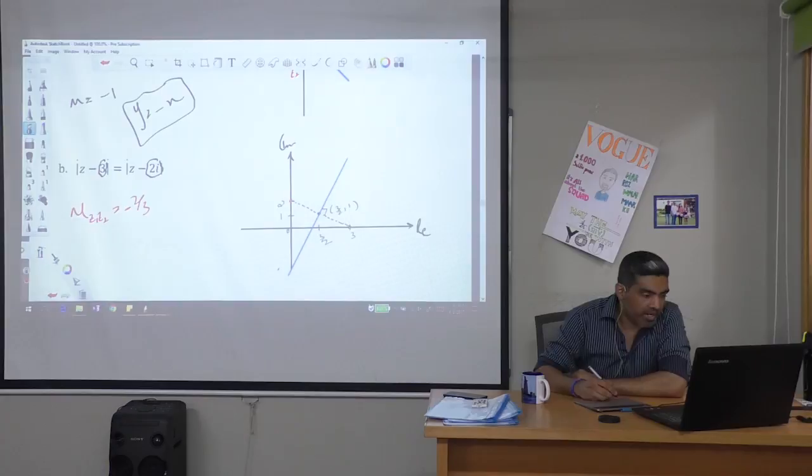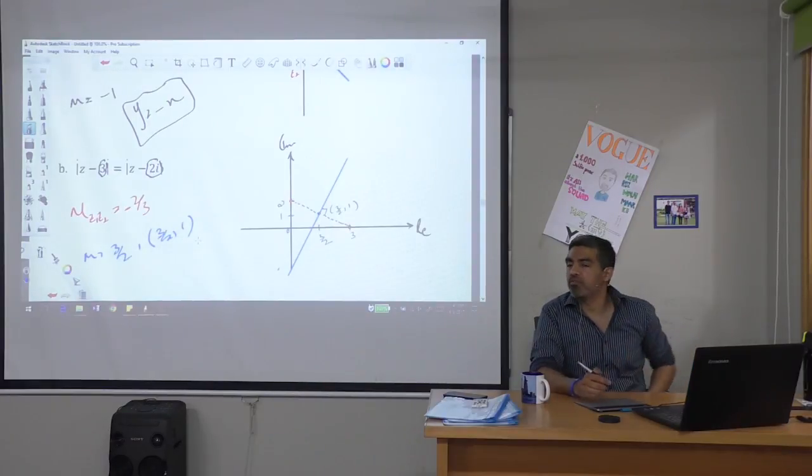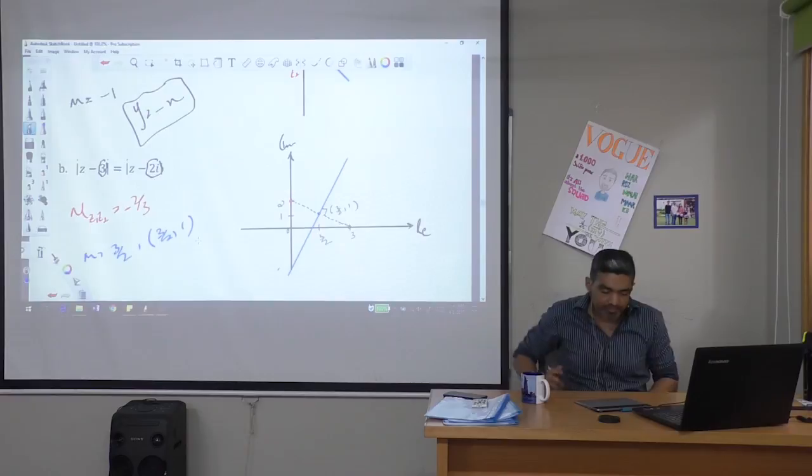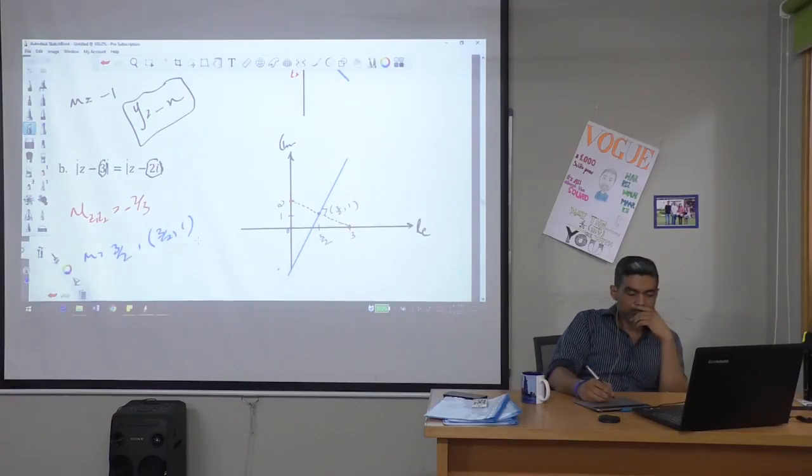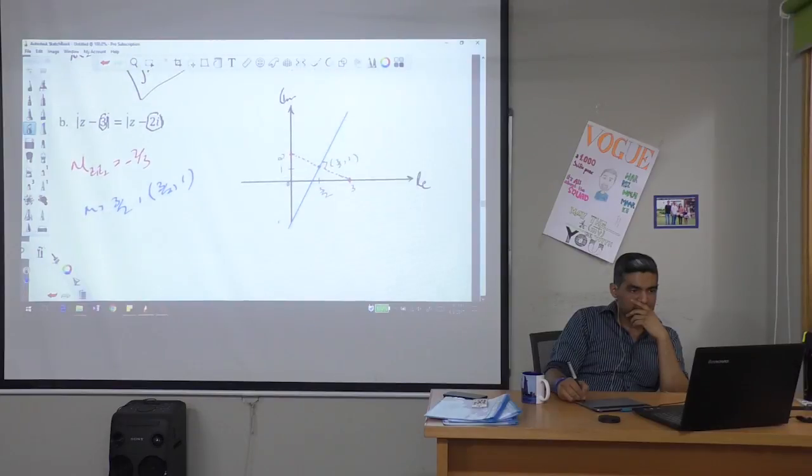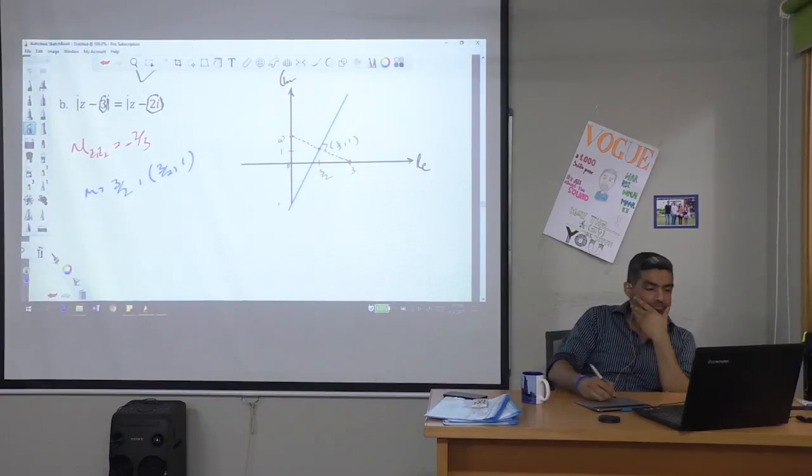So the gradient of your line is 3 by 2 and passing through 3 by 2, 1. Now I think you can find the equation easily. So we have to find the equation of the perpendicular line.